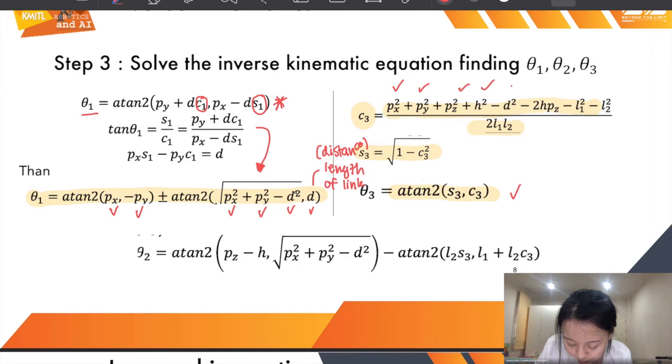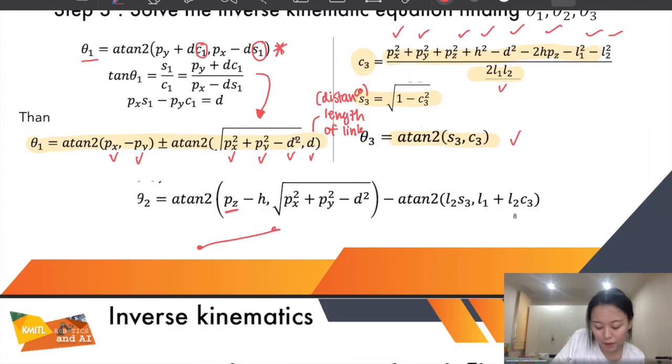L is the length of the link. Px is the length from the base point to the end point, and h is the length of this, so this will be Pz minus h.